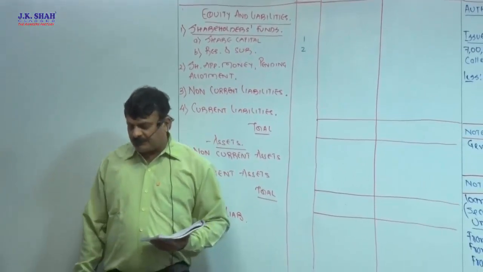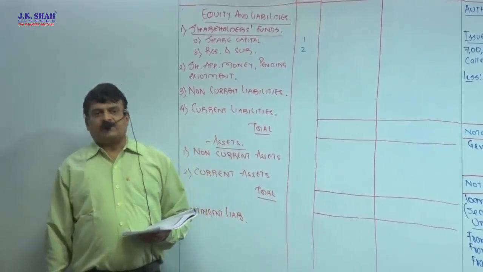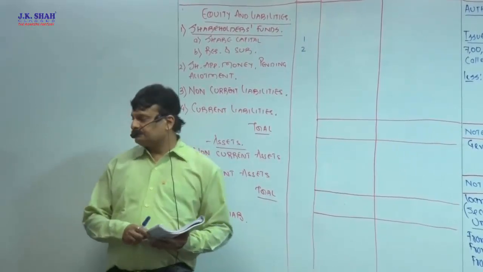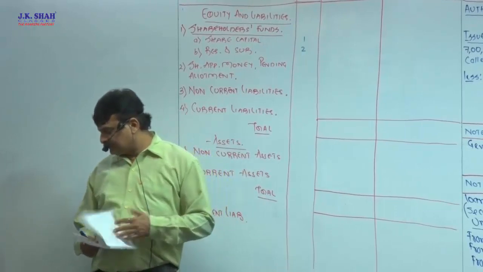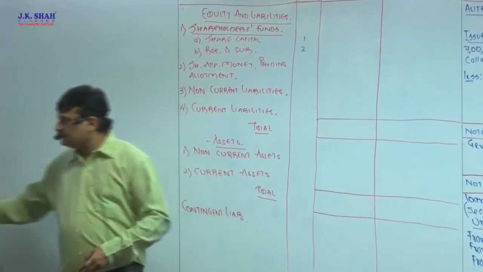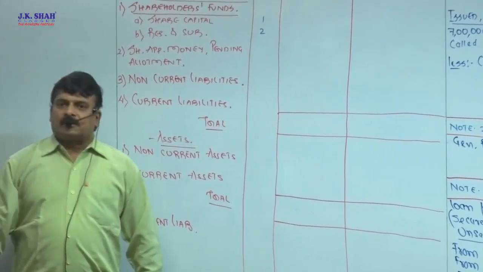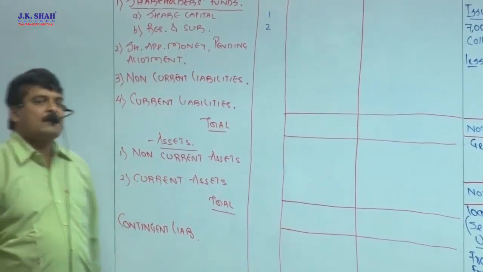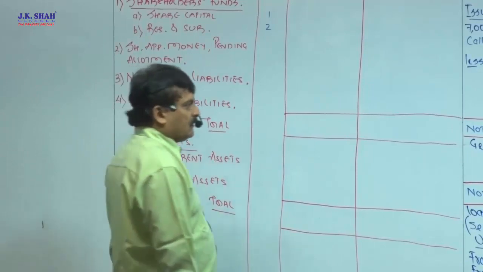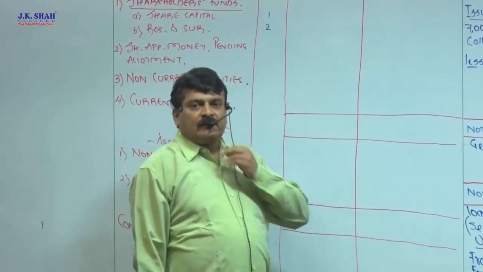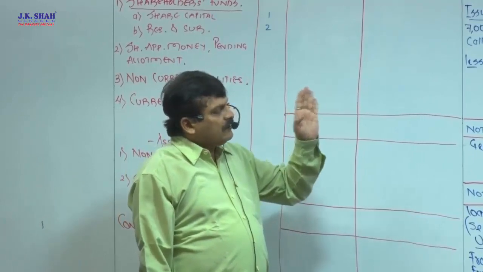Patents and trademarks, intangible assets. Nothing else is left. Let us now make the totals. We have to make total of each one.